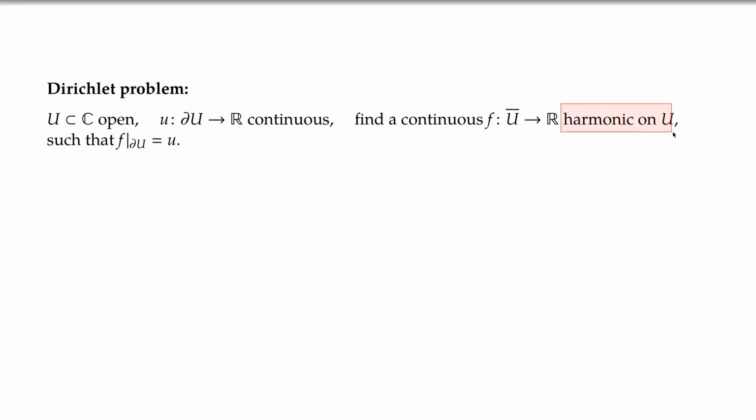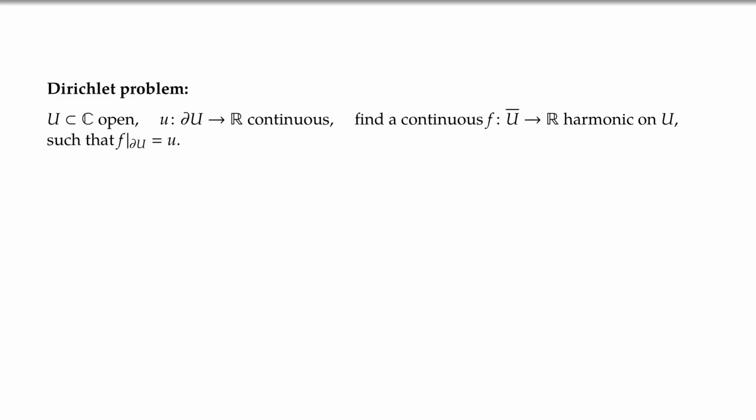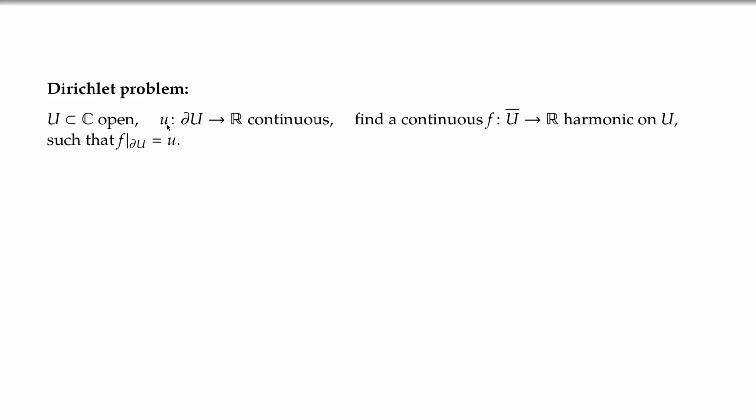It's supposed to be harmonic inside of U, right? So f restricted to U is supposed to be harmonic, and its boundary values are supposed to be this given function little u, right? Now, this is solvable for many different u.